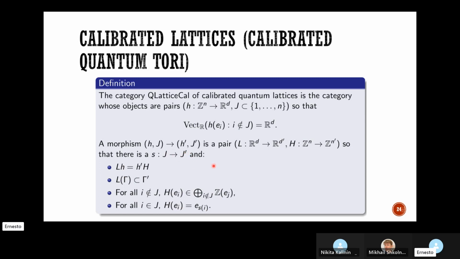So, well, it looks longer and more complicated than what it is. It's the obvious thing that it should be. And in the picture, more or less, the situation is depicted.